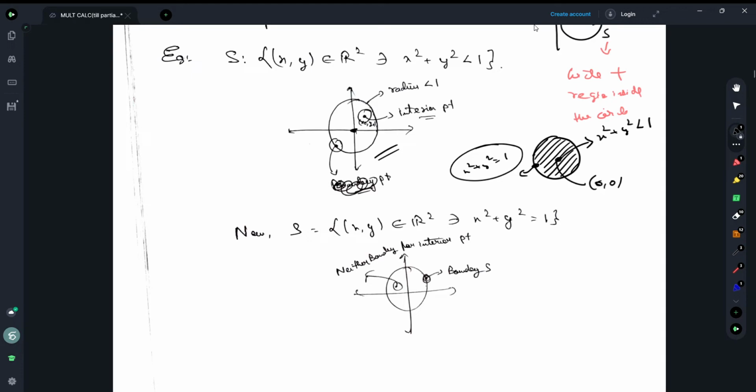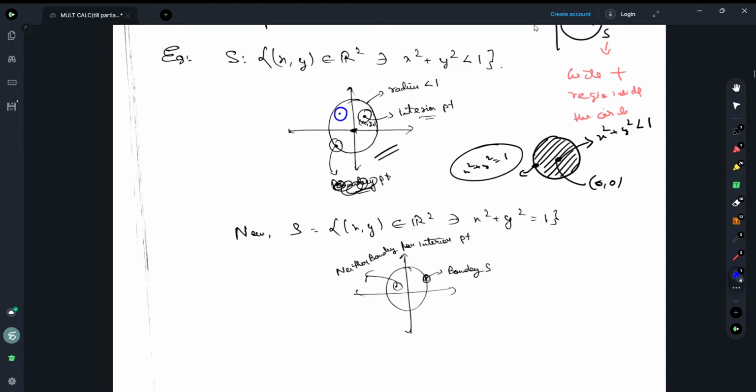Clear? Since the boundary is not existing, now what will happen? Let's see. In this region we can take any point into consideration and form at least a disk centered at that particular point, which will be completely contained in this region. So we can find infinitely many interior points inside this region.